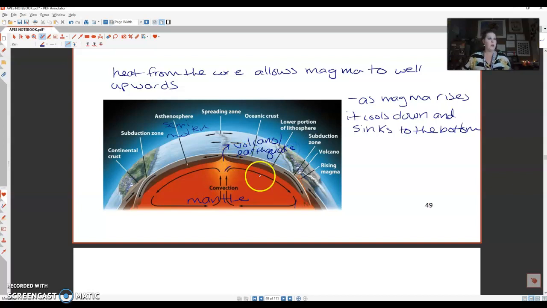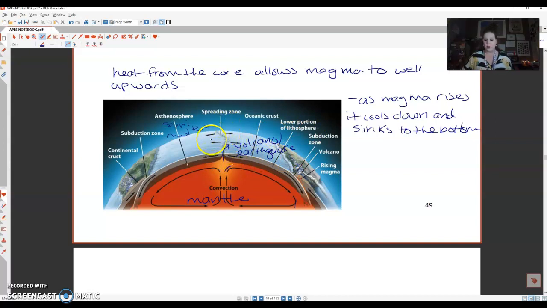Okay, so where we see magma actually reach the surface of the crust, the surface of the planet, that's going to be a volcano. Okay, so that is what this is showing you right here.